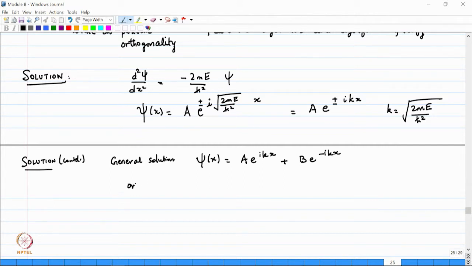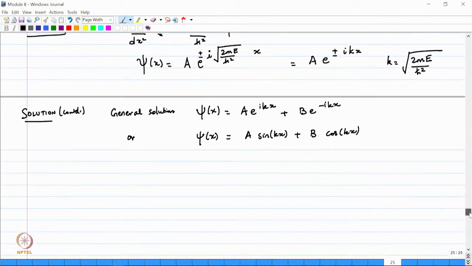Alternatively, you can write psi of x as a sin kx plus b cos kx. If you do not want to deal with imaginary functions, you can also write in this form. You can easily verify that sine and cosine will also satisfy this equation.